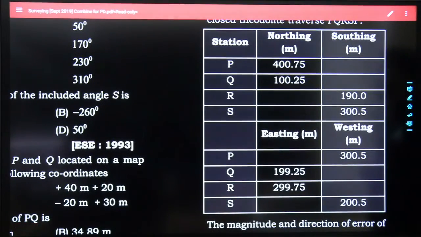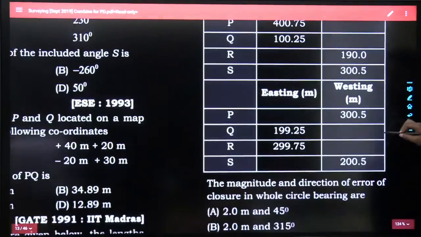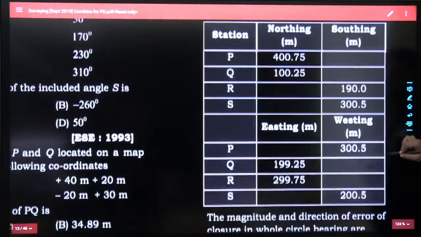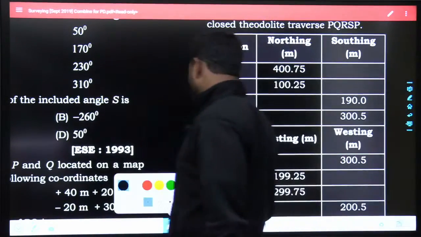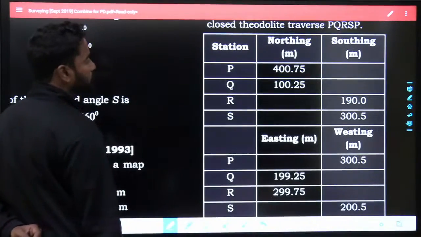PQRS, northing, southing, easting, westing is given to you. The magnitude and direction of error of closure in whole circle bearing are. He is asking what is the magnitude and direction of the error of closure.